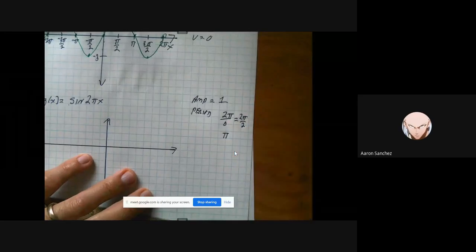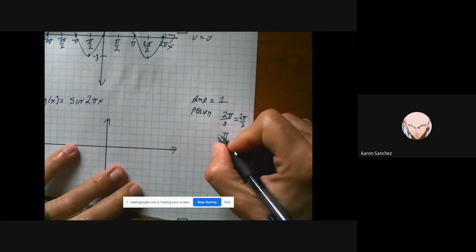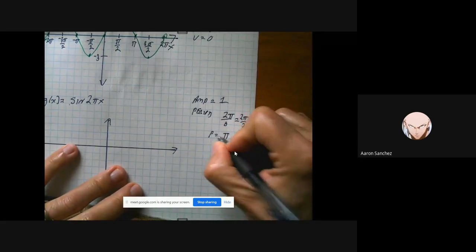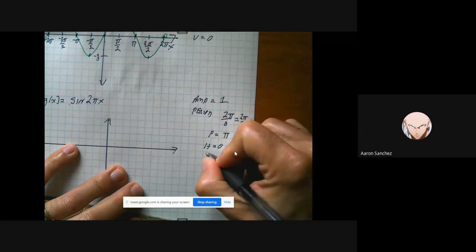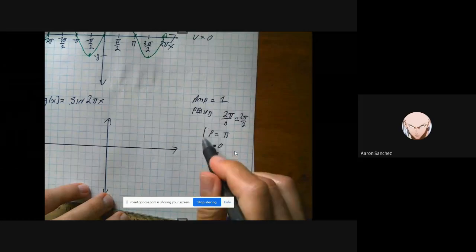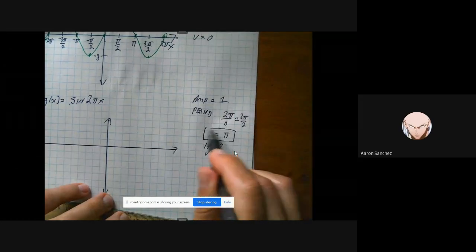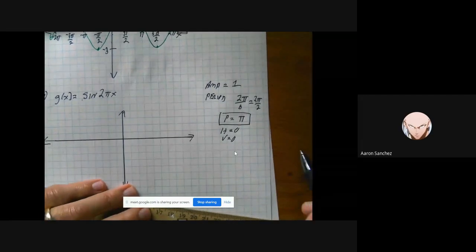Okay, this is important. We're going to finish our cycle at pi. Period equals pi. Horizontal shift is 0. Vertical shift is 0. So the key thing is this: we finish our period in pi.